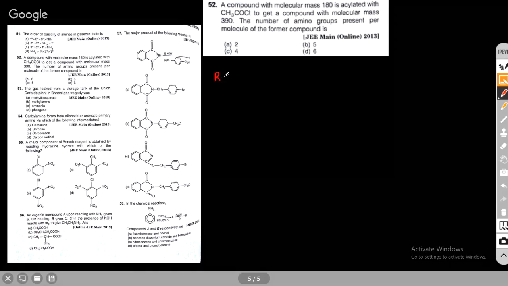And if I take here RNH2, the compound reacts with CH3COCl and it forms RNHCOCH3 plus HCl. So you see one hydrogen is getting displaced and CH3CO group is getting attached.